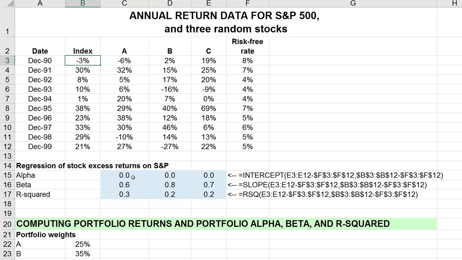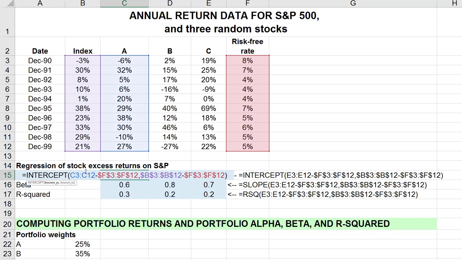As you can see, we have calculated the intercept between the stock return minus the risk-free rate of return, which is equal to the excess return of stock A, and the index return minus the risk-free rate of return, which is equal to the excess return of the index.